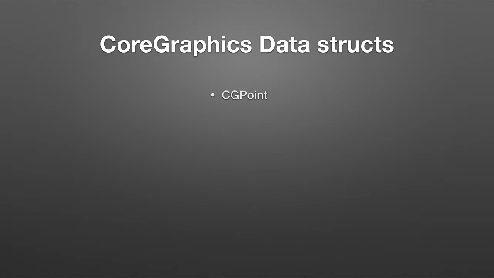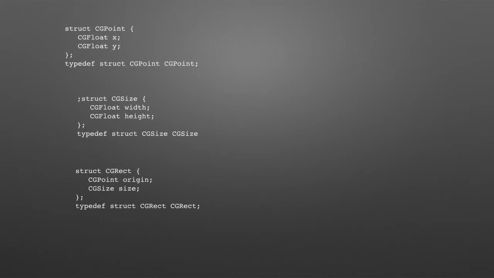There are some basic data types. There's a notion of a point, 2D. There's the notion of a size, which is a height and a width. And there's the notion of a rectangle. These are actually C structs.